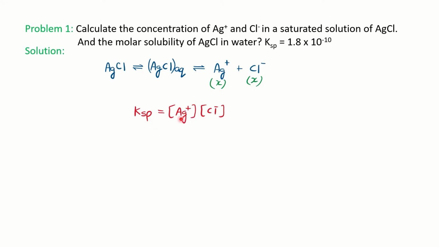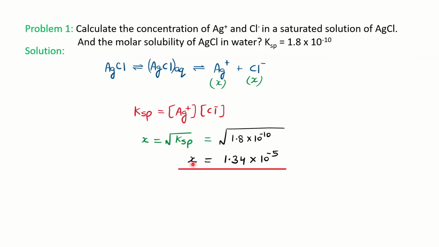Instead of Ag+ and Cl-, you can write x, and put in the value of solubility product which is given. You will find the concentration of Ag+ equal to the concentration of Cl-, that is 1.34 into 10 to the power minus 5 moles.